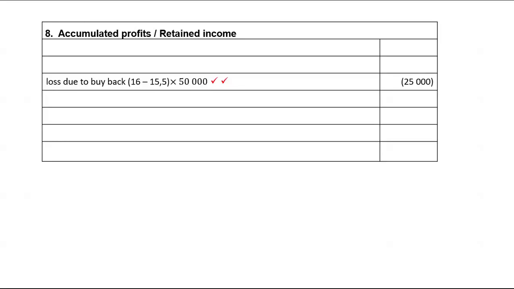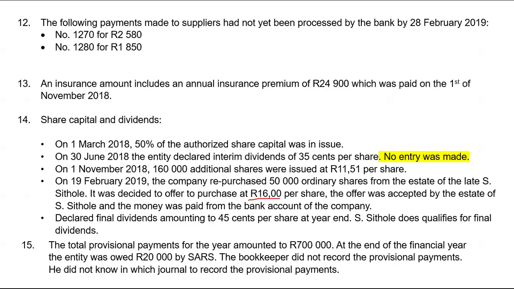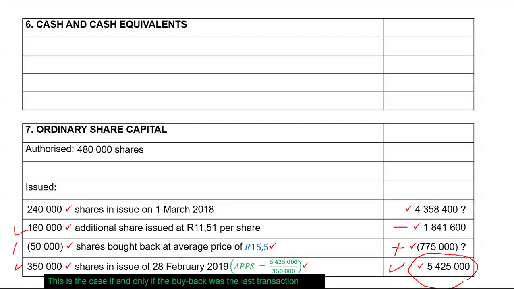To finish this off, I'm going to go to my dividends. They said we paid interim dividends on the 30th of June 2018, and we paid 35 cents per share. 30th of June was before we issued new shares.